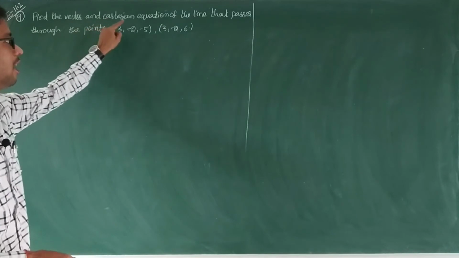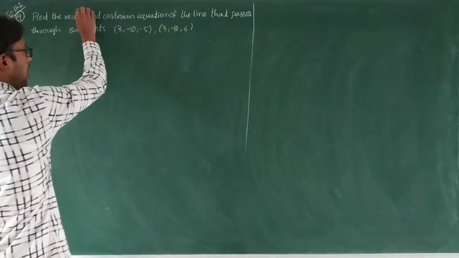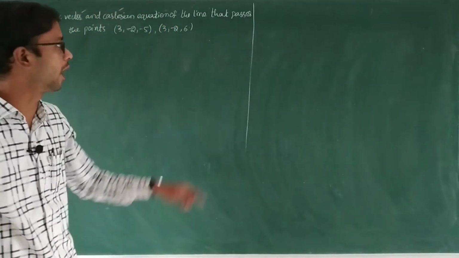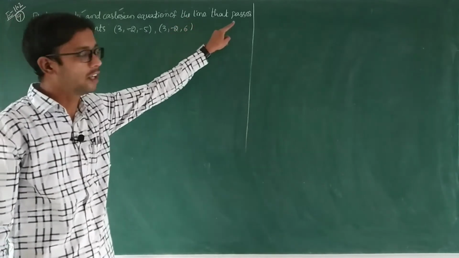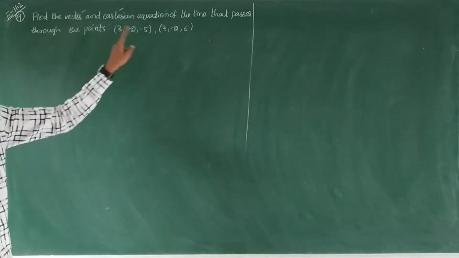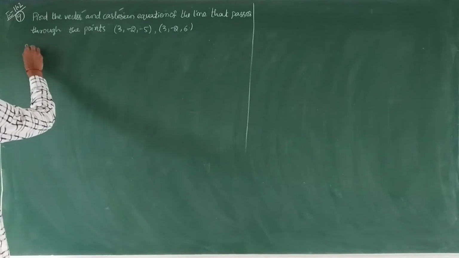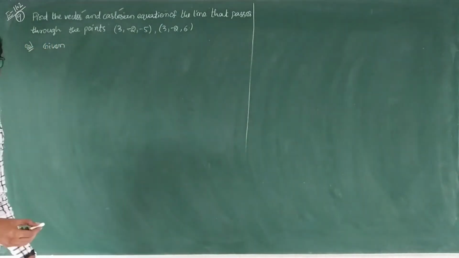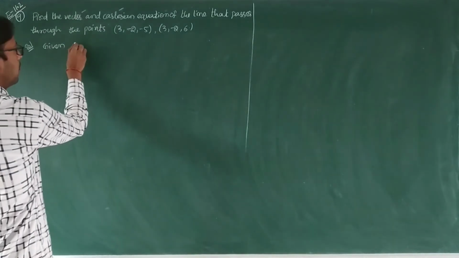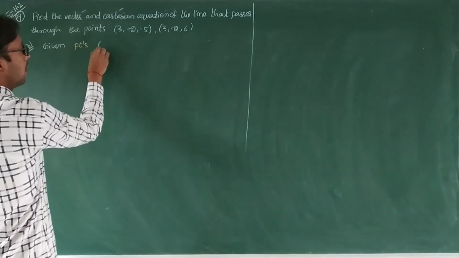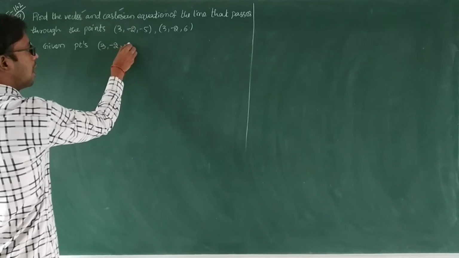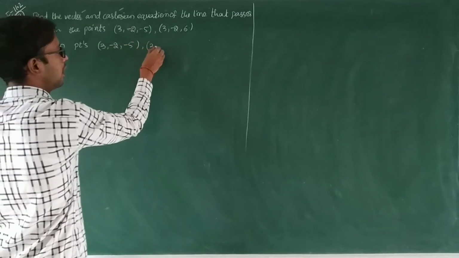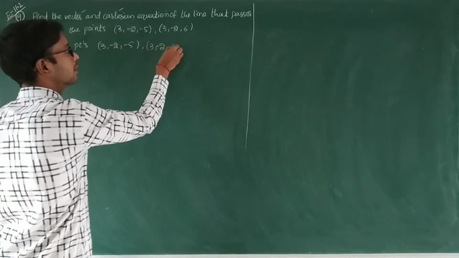Find the vector and Cartesian equation, both we have to find, of the line that passes through the 2 points they gave. I am writing first, similar to the 8th problem. Given points (3, minus 2, minus 5) and (3, minus 2, 6).